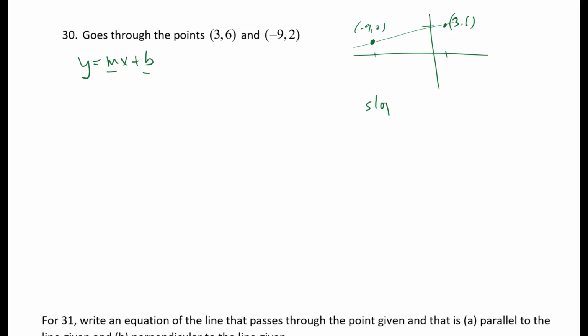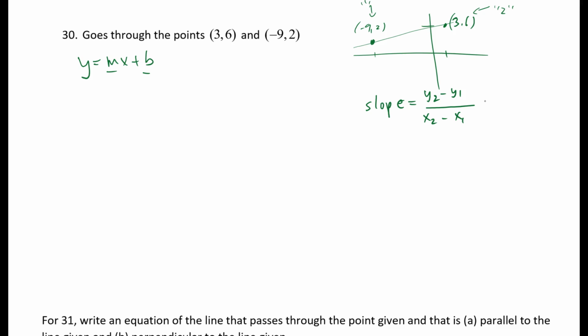Now if you remember, slope is change in y, which we can write as y2 minus y1, that's the rise, over the run. So we're just going to do change in coordinates here. So we'll use this as our point 2, and we'll use this as our first point here.